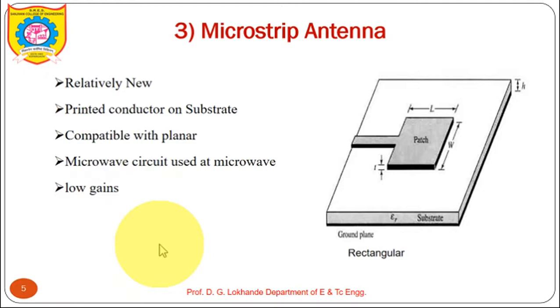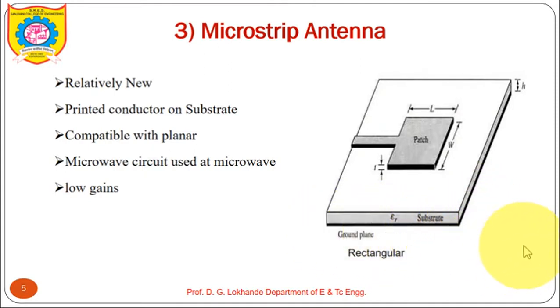Third one is the microstrip antenna, where a rectangular shape arrangement is available, and this is the patch which is connected on the board, separated by the substrate, and this is the ground plane available over there.